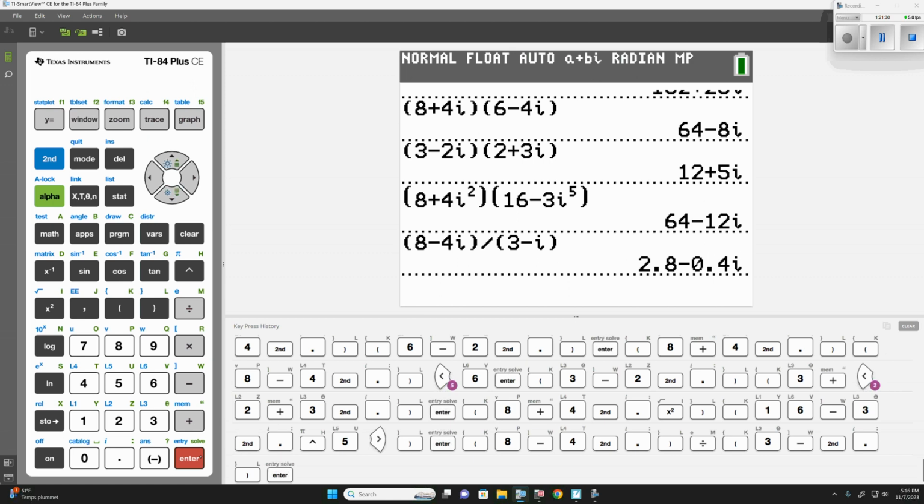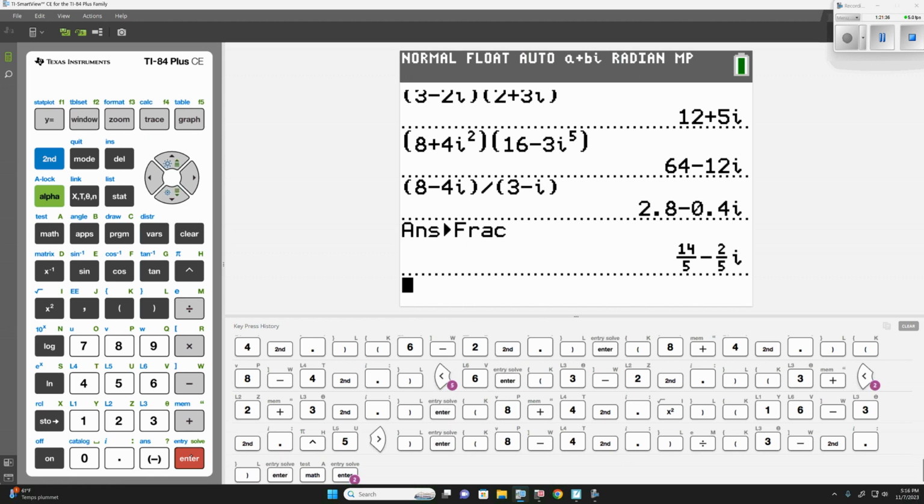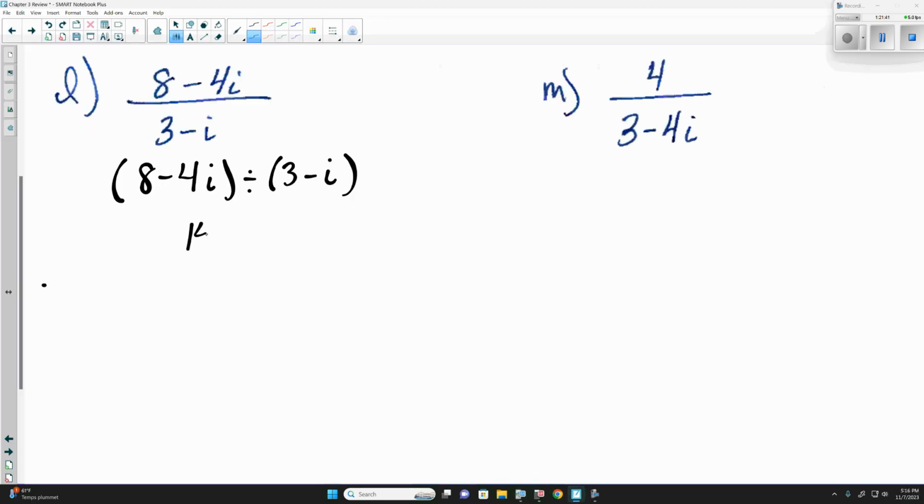Enter. You get this here. Do not leave it as a decimal. Math, enter, enter. We'll get it as a fraction. 14/5 minus 2/5 i. That there's our final answer.